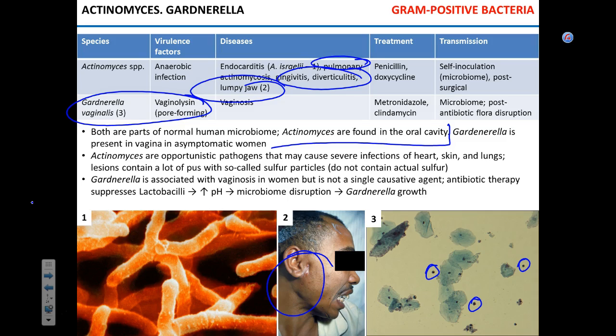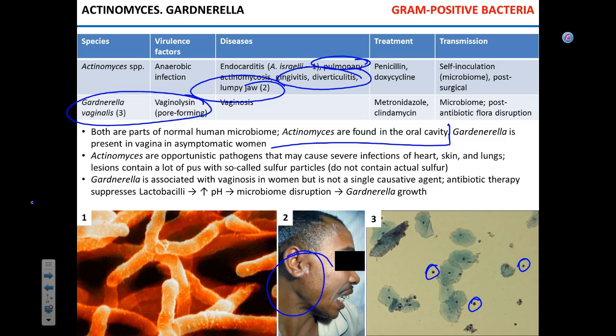So if the flora has been altered by, let's say, antibiotic treatment, Gardnerella will have more options to grow, and that alteration will almost inevitably lead to, I don't know, candidiasis or some other type of infection, okay?